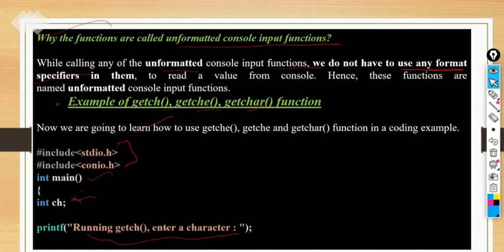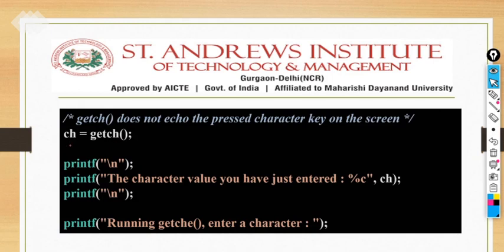Then getch stores the character it returns into ch. We know getch does not echo the character while pressing a key on the screen.